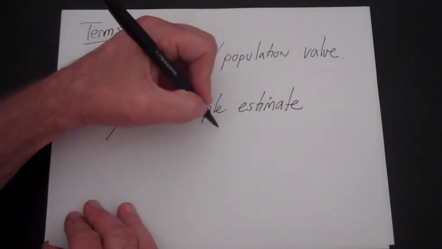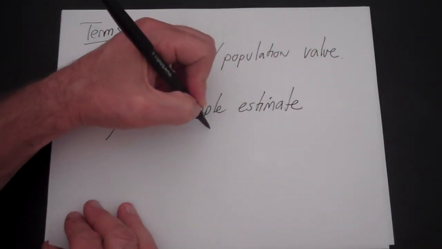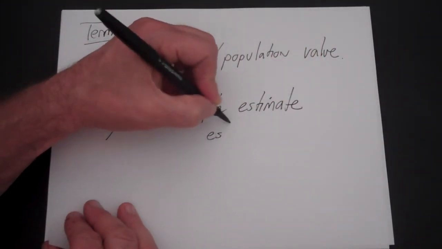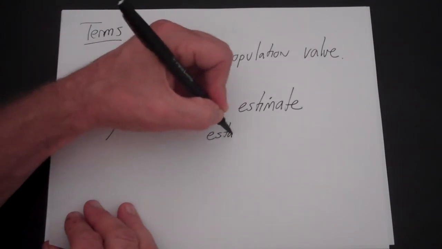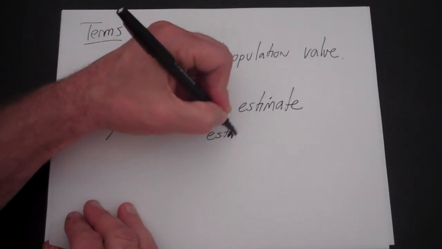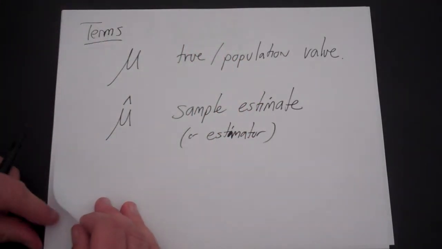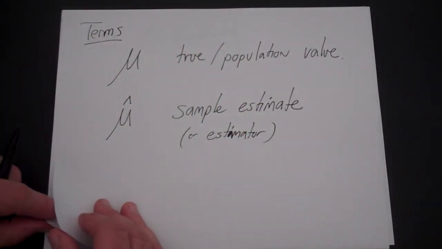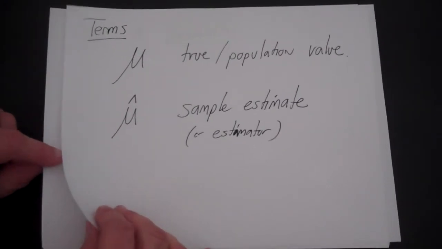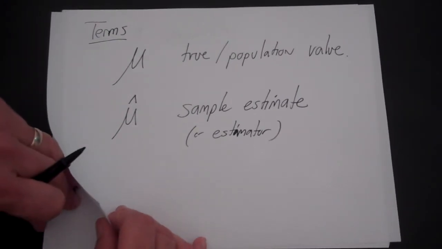What's confusing about this is that it is also the notation used for the estimator. Even though those are different concepts, we use the same notation for both of them.